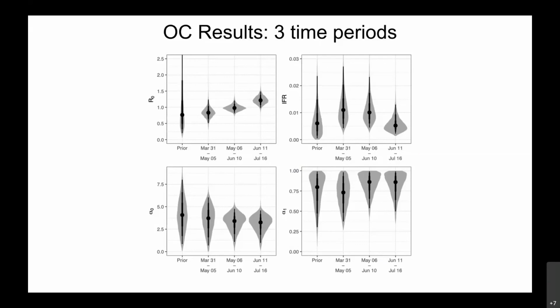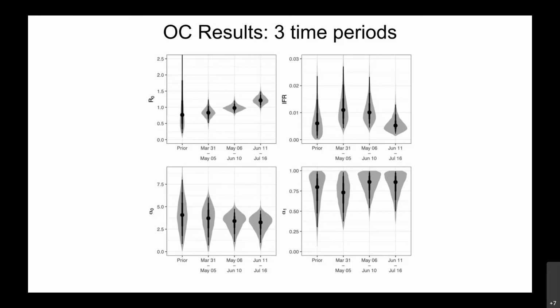We see after the relaxation of stay-at-home orders, R naught went up. The infection fatality rate was more or less stable, although between early June and early July, it did go down. That's concurrent with younger people tending to get infected as the epidemic wore on.